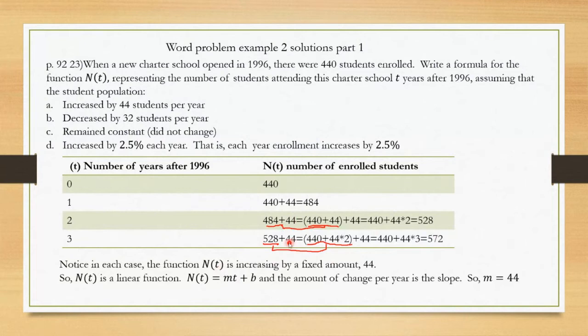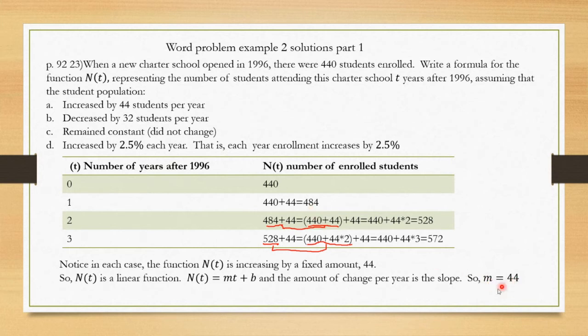Note what I'm trying to show you here is, in each case, we're increasing the amount by 44, by a fixed amount. So this is linear, although even before we did the calculations, we should have seen that. The slope, the rate of change, is 44, because the output is increasing by 44 students per year.